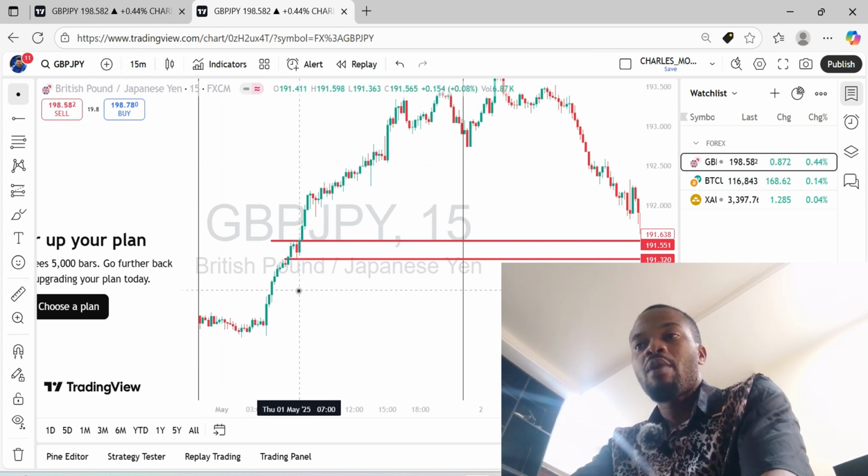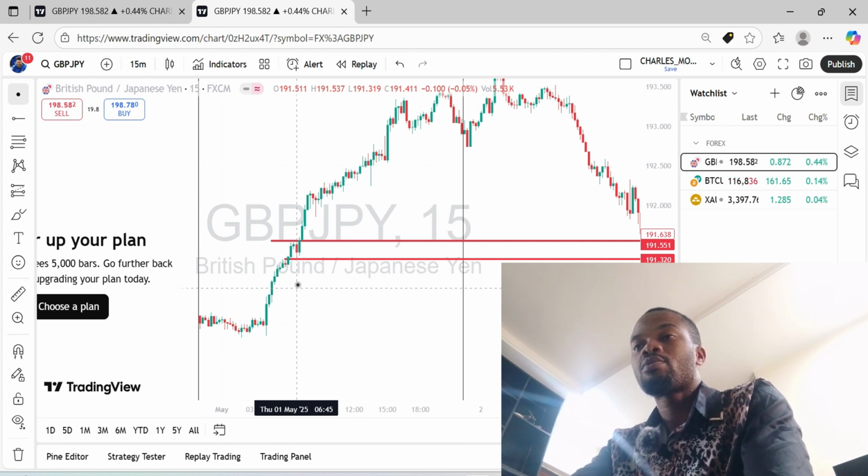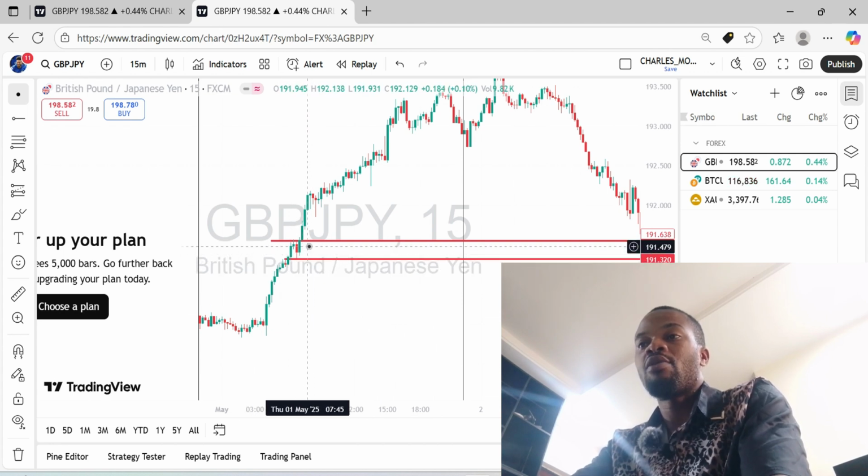Within that time frame, it's already getting close to London session. I'll just quickly mark out the high and low of this 15-minute time frame, then wait for any breakout above or below this line. If I see any breakout, that's going to be my entry for that day.